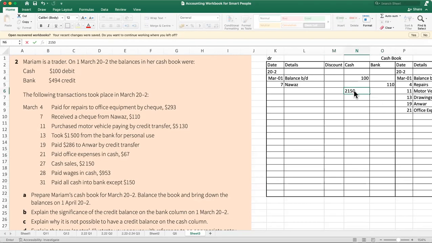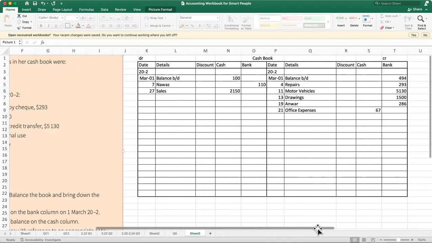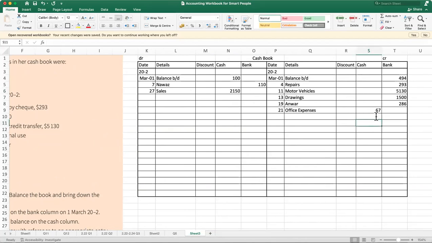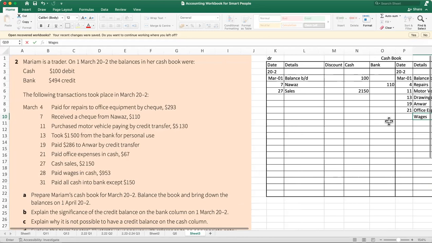Since it didn't say that we're going to bank it in, then we just assume it goes to your cash. And where did it come from? From sales, right? 27. Next one, paid wages in cash, 953. So wow, now you have 2,000 over ringgit and then you want to pay 953. No problem, 953 wages. And then just put 28 here.